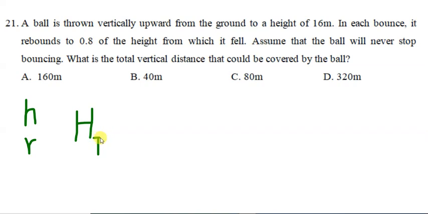The total height, let us call it HT, is equal to 2 times the height to which the ball is thrown vertically upward, which is H, times 1 minus R. R in this case is, once the ball rebounds, it rebounds R times the original height, which means it reduces its height.